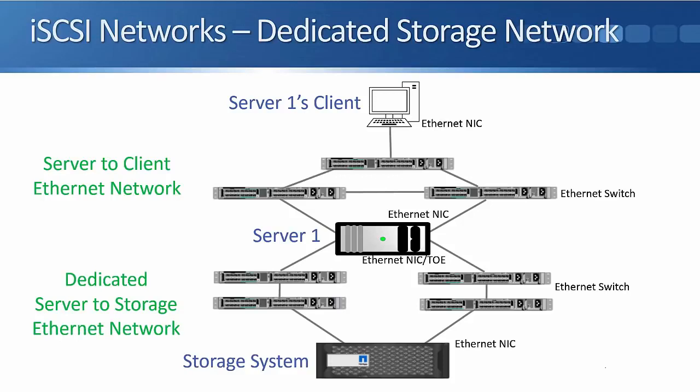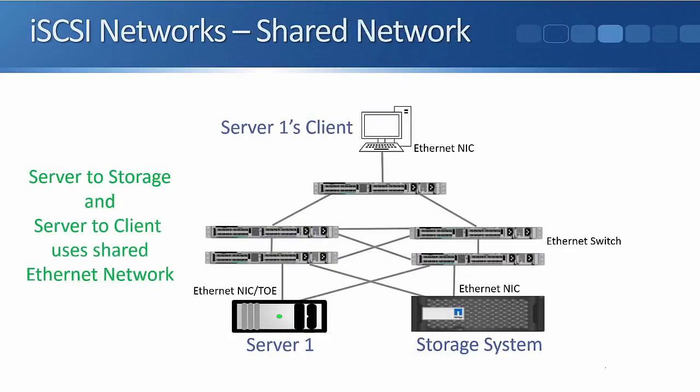It's got 2 standard Ethernet network interface cards pointing up to the network at the top facing the client. It's also got a pair of Ethernet ports going down facing the storage network as well. Those could be on standard Ethernet NICs, or it could be on those specialized TOE cards that are used for our iSCSI traffic. Notice that we've got double the infrastructure here.